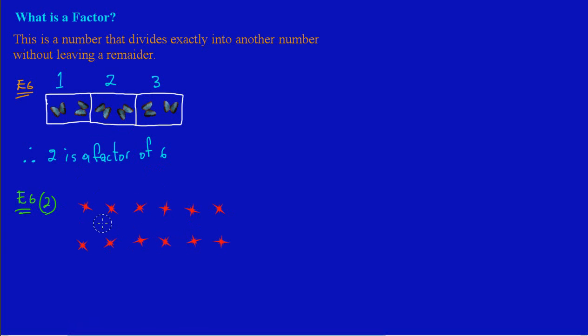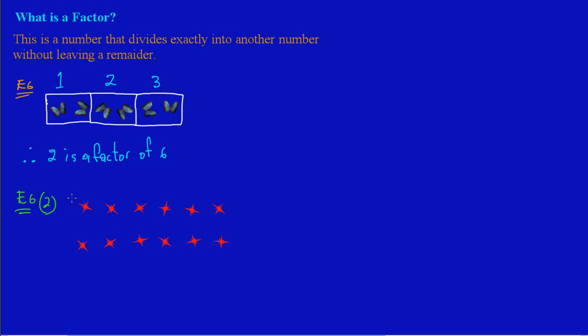You are asked if 4 is a factor of 12. If 4 is a factor of 12, then 4 must divide exactly into 12 without leaving a remainder. We can just divide our 12 stars into groups of 4's and see if it works.